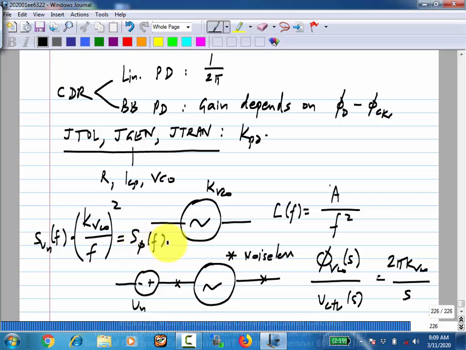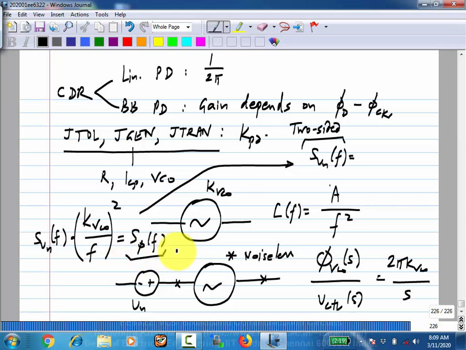Now, depending on whether you take one or two-sided spectral density, this will be the same as L of f or 2 times L of f. So now what should be S_Vn to get a certain phase noise? Let's assume that this is the two-sided spectral density.